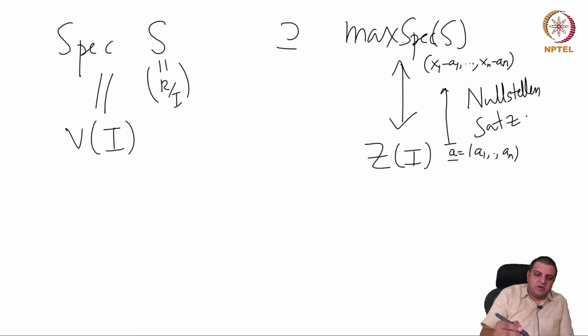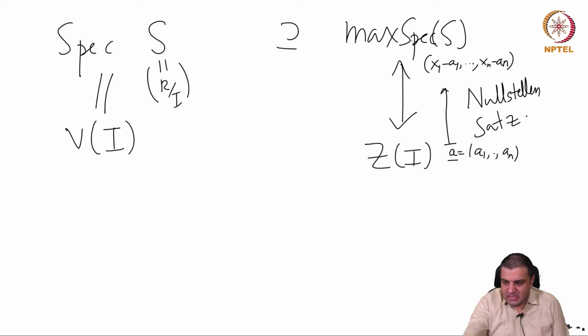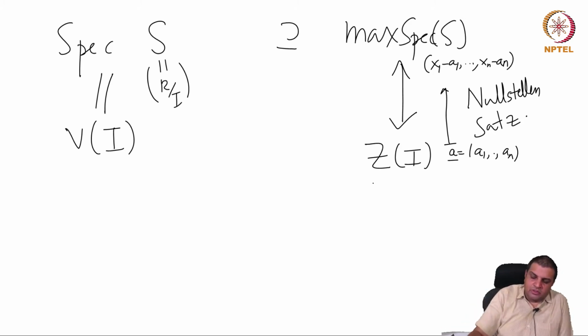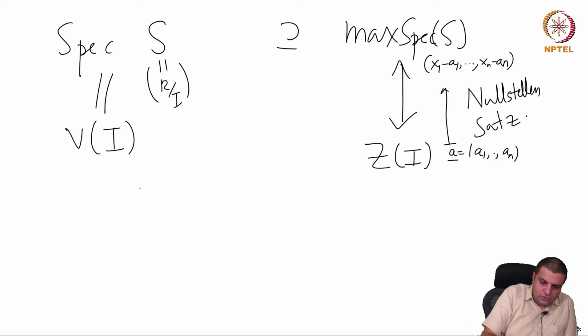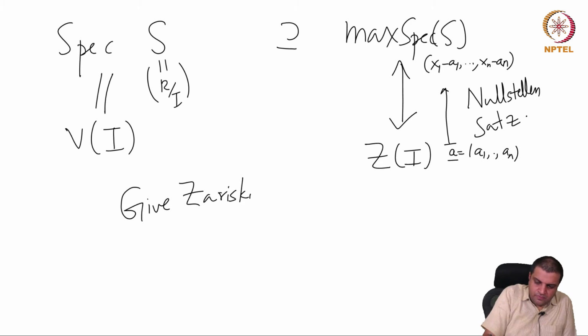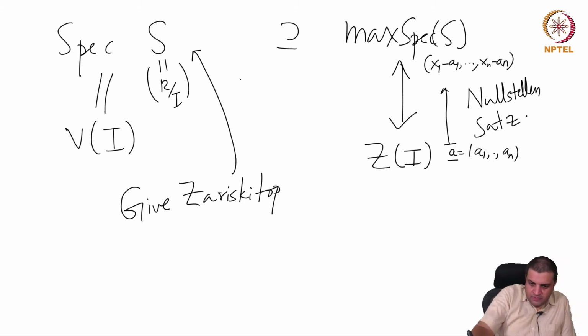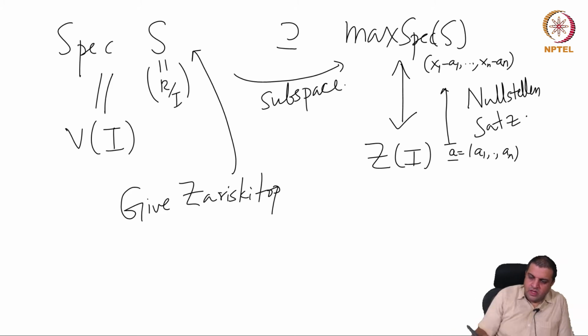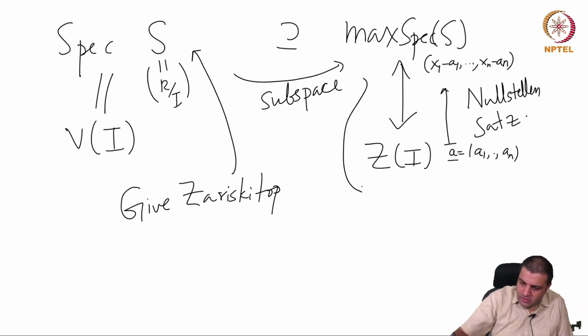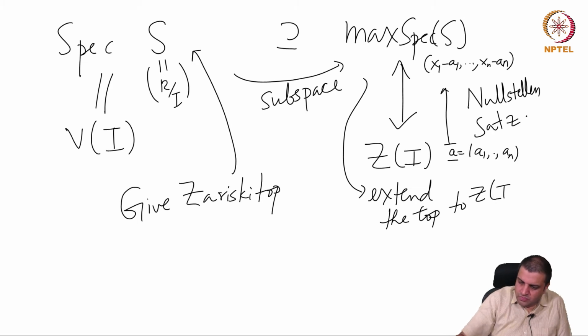We had given a Zariski topology to this Max Spec. We can induce a Zariski topology on the subset, and we can give a Zariski topology on Z of I using this bijection.